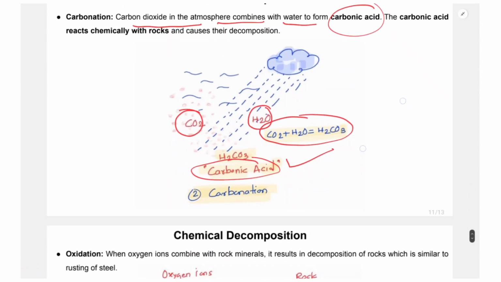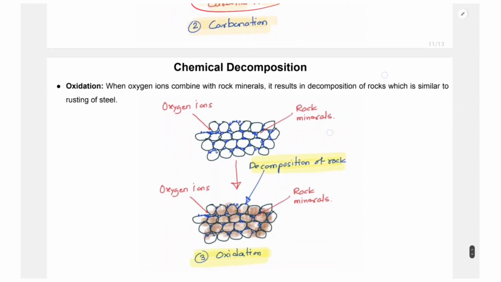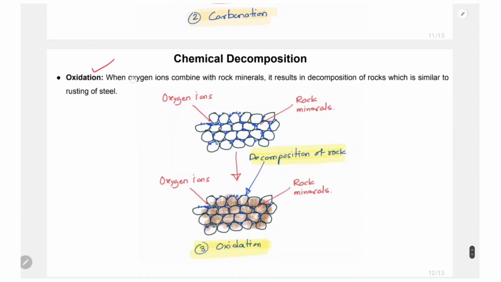The third one is oxidation. When oxygen ions combine with the rock minerals, decomposition occurs in the rocks, and this decomposition is similar to the rusting of steel.